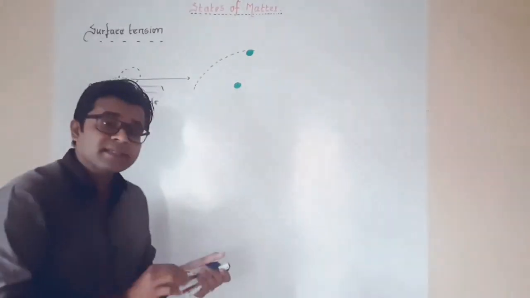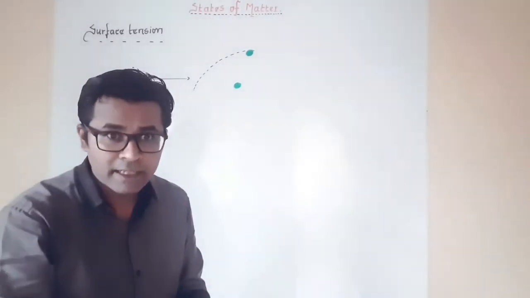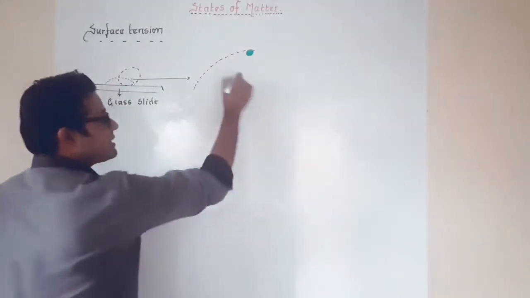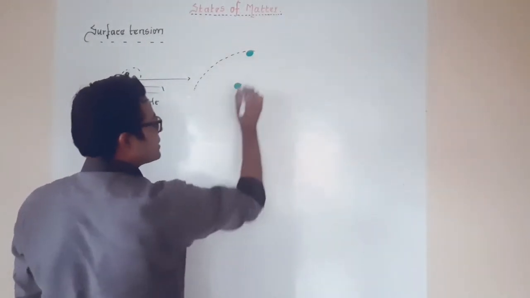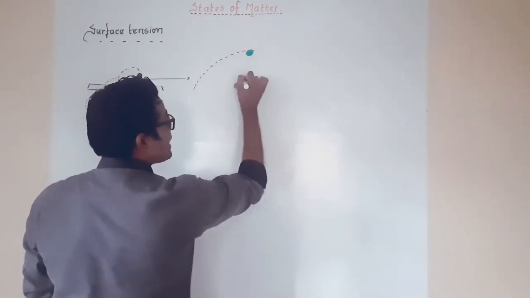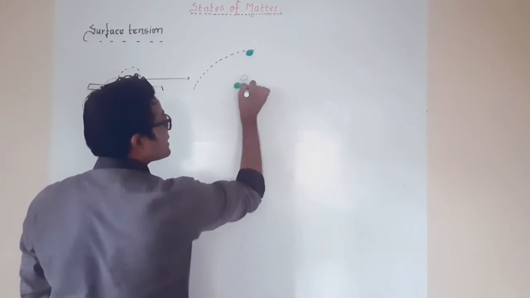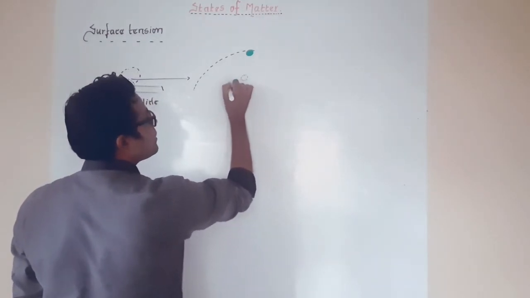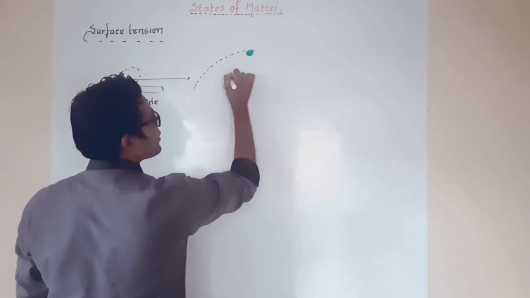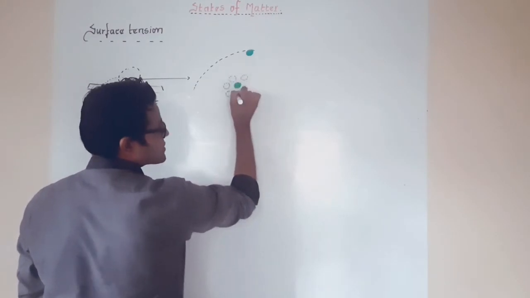Whenever there is a molecule inside the bulk, inside this water sphere, what will happen? It is going to be surrounded by a certain number of water molecules, the liquid molecules.